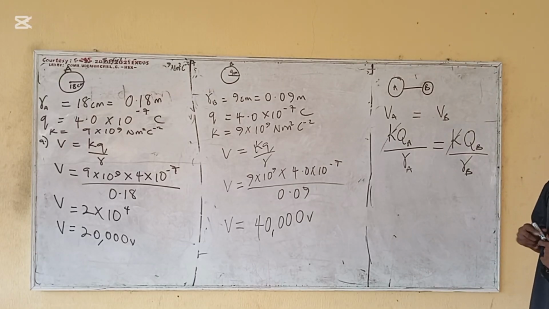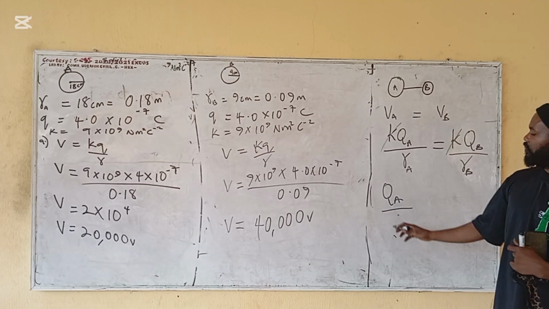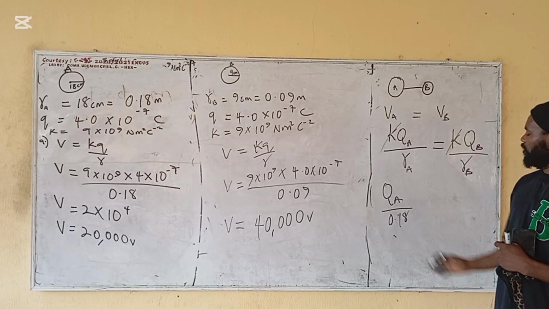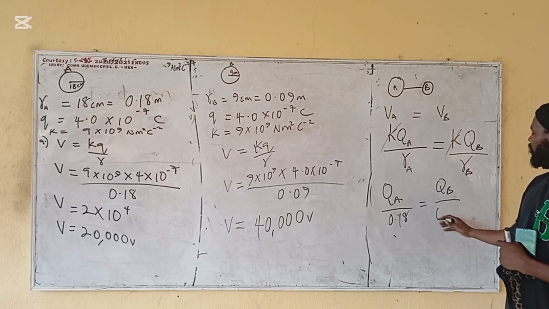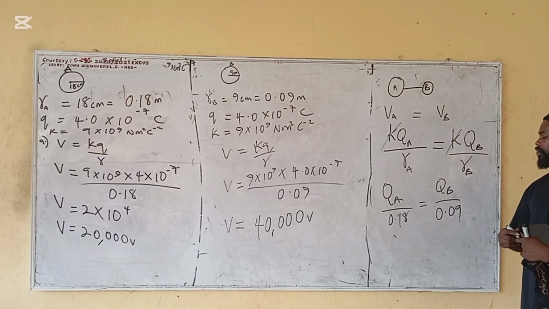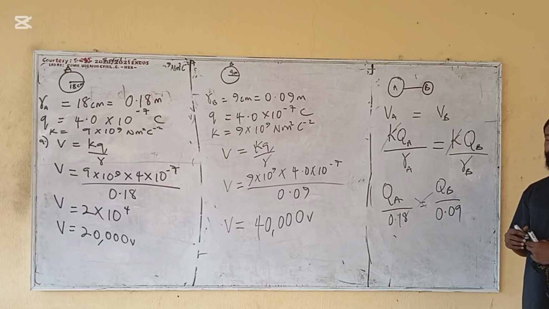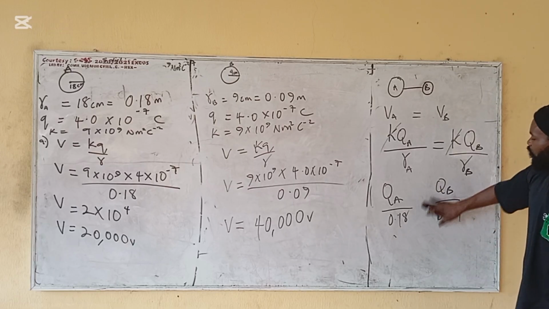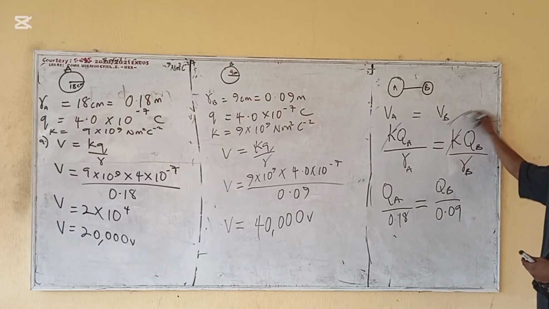So I will have QA over RA, where RA is 0.18, equals QB over RB, where RB is 0.09. If you are to represent this, this is the relationship. In that part of the question that they are asking, this is the final answer. The relationship is simply this.